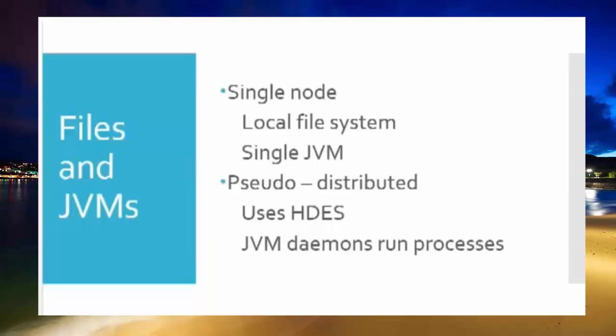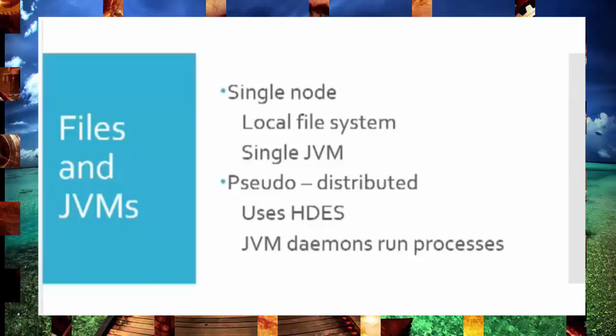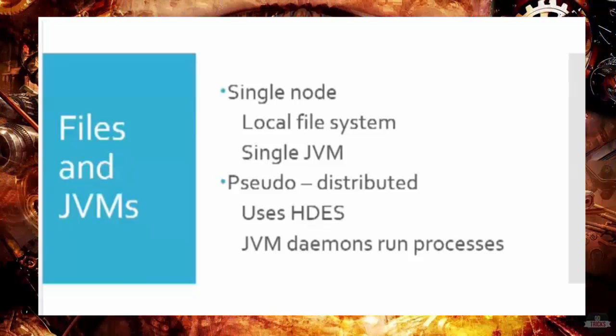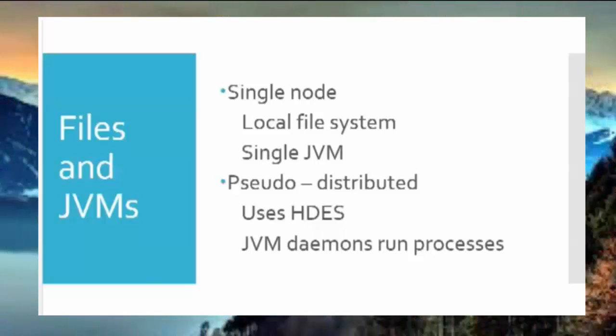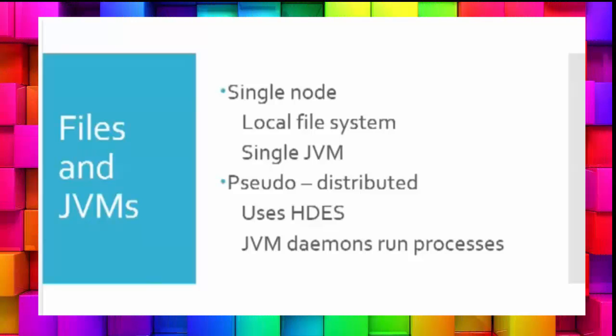Another consideration is to understand how the file system of choice for your Hadoop implementation and Java virtual machines interact. If you deploy Hadoop in single node, you're going to use the local file system and a single JVM for all the Hadoop processes. Now I know I haven't covered all the various processes yet, but we'll be going there shortly.